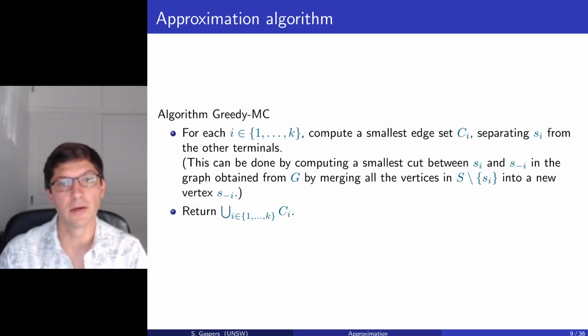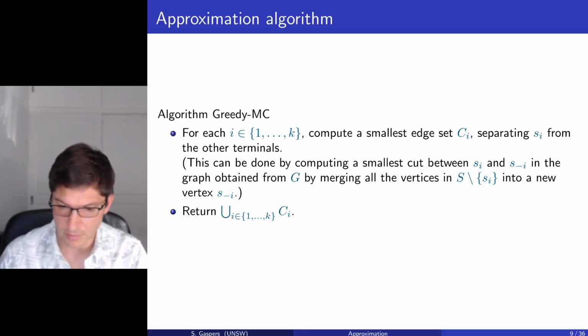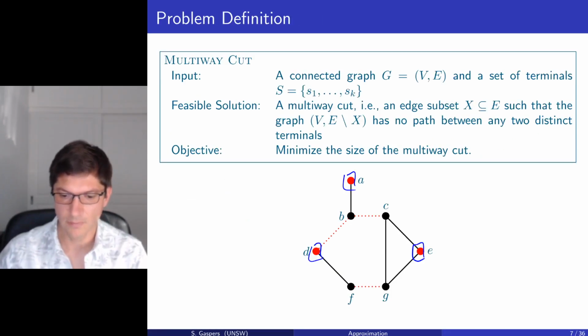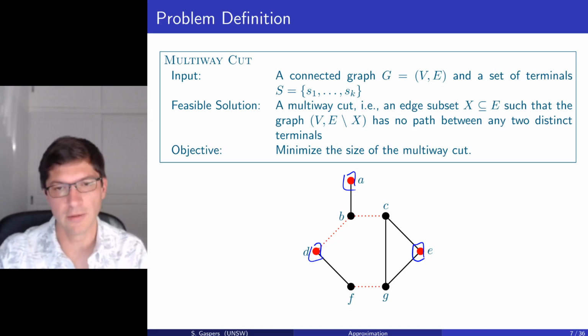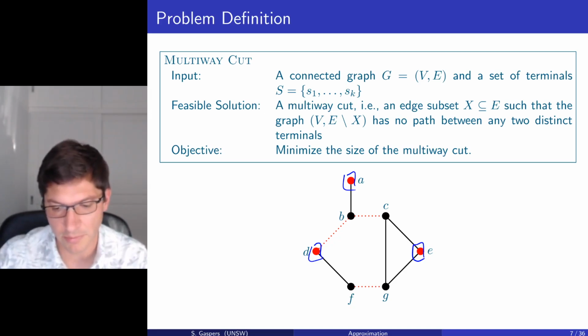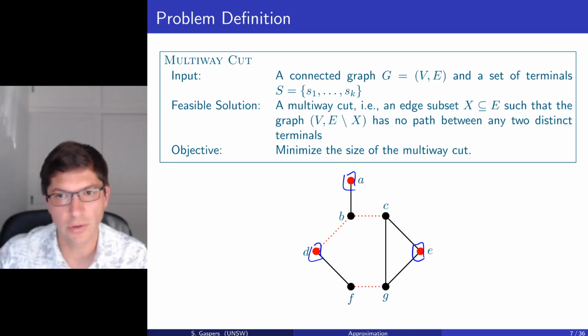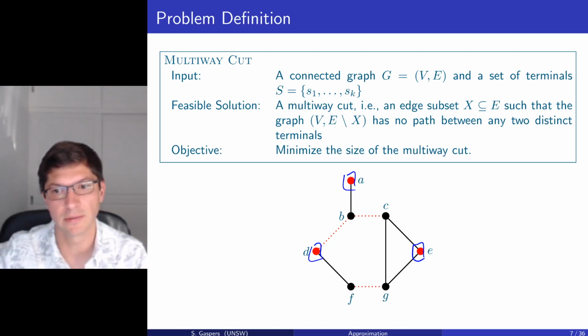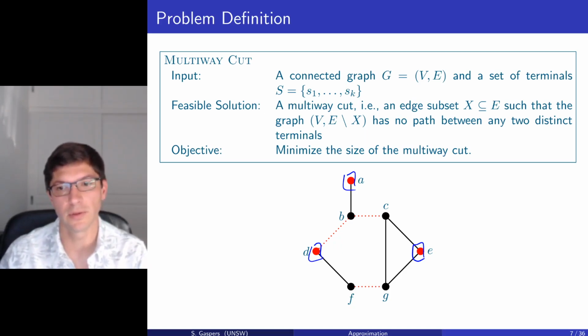And by the previous algorithm, this can actually be done in polynomial time, because what could we do? If we want to cut A, for example, from all the other terminals, we just merge all the other terminals into one terminal, and then find a minimum cut between these two terminals, so between A and this merged node that represents all the other terminals.